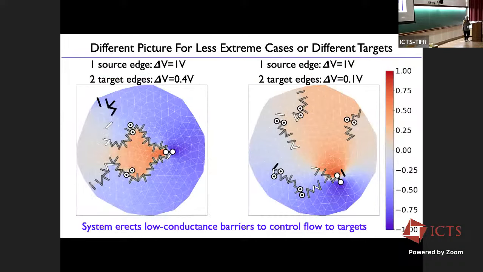Okay, but now if we do something that's less extreme, or different target voltages at different targets, what we see is a somewhat different picture from what we got from the persistent homology. Here's an example where I have one source edge and 2 different targets. The targets have little target symbols on them, and that's the source edge.